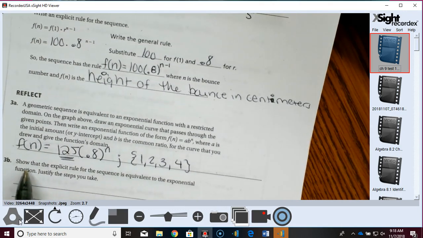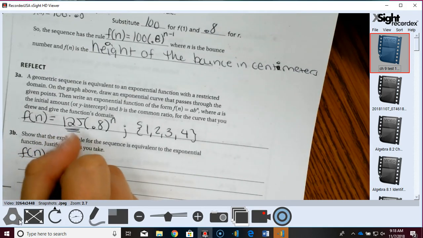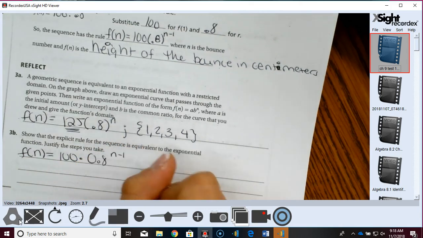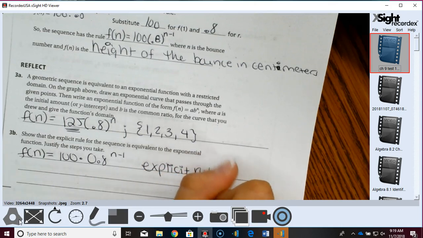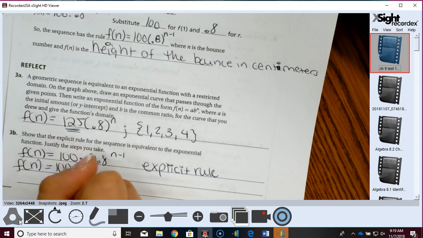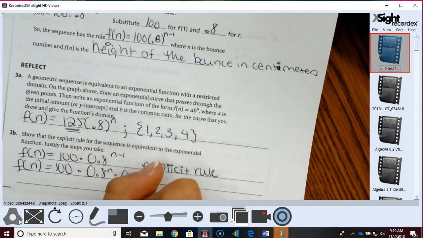Show that the explicit rule for the sequence is equivalent to the exponential function. Justify the steps you take. f of n equals 100 times 0.8 to the n minus 1. That's your explicit rule. f of n equals 100 times 0.8 to the n times 0.8 to the negative 1.